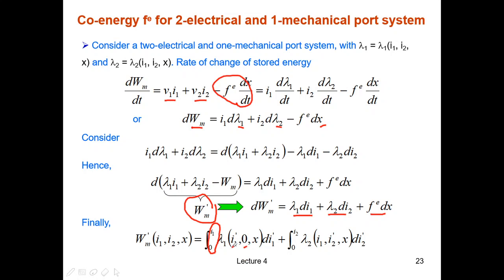When the first current is at the final value, having gone from 0 to 1 and finished at 1, we fix the current I1 and calculate along the I2 axis, and we get the second component of Wm dash.